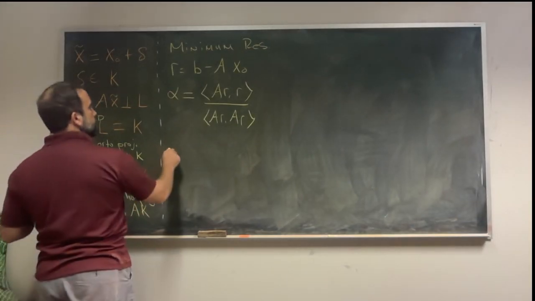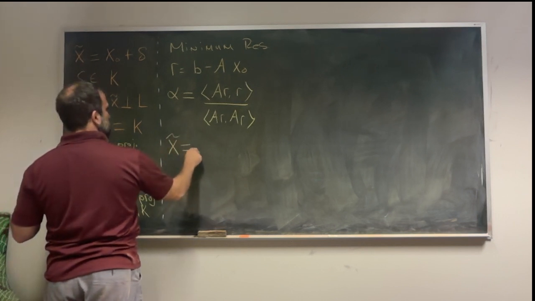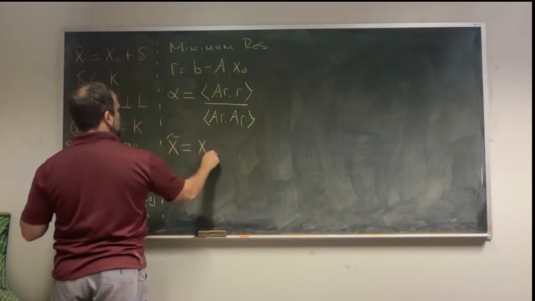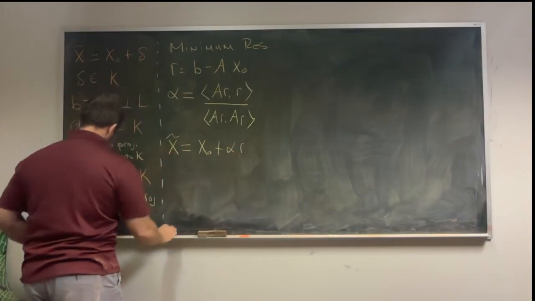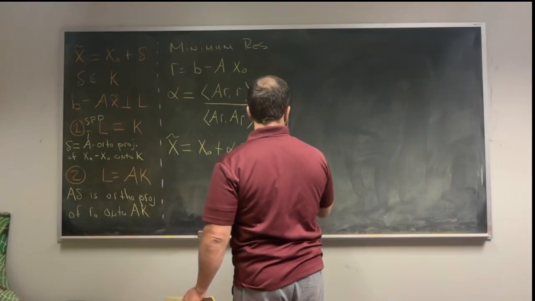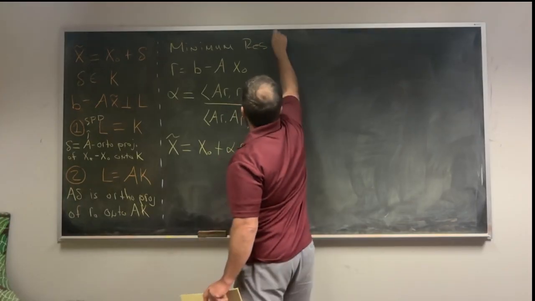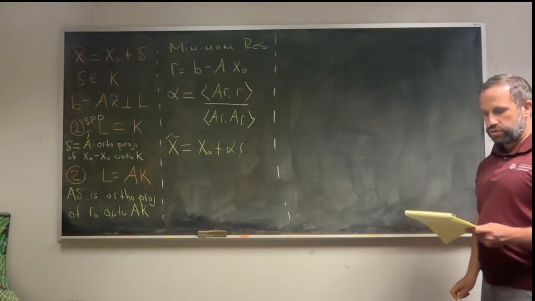And then X tilde is equal to X naught plus alpha R. There's the algorithm, minimum residual.